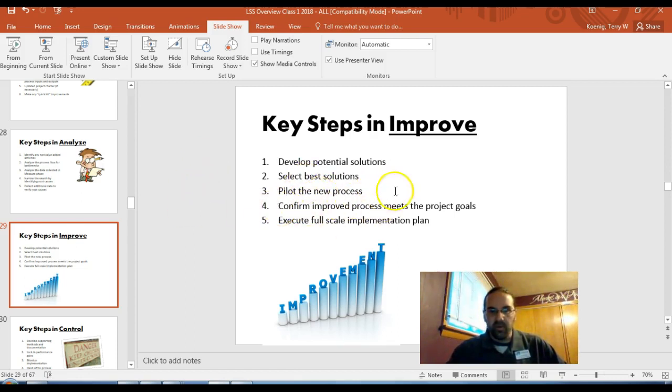So if you get to 4 and it's a bust, you go back. You select a different best solution. Don't think the first one you pick is always going to be the home run. Even if you did a full-blown root cause analysis, you could be wrong. Do not put all your eggs in one basket.